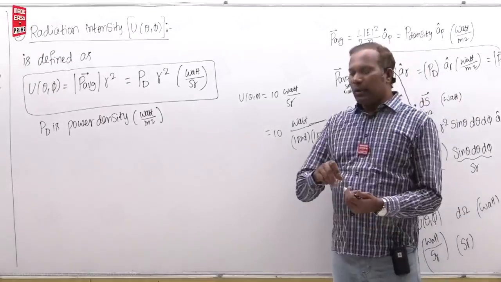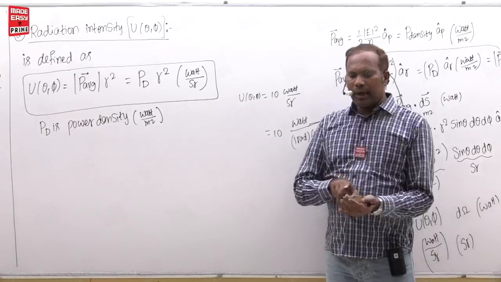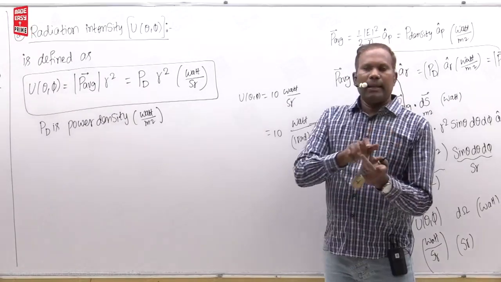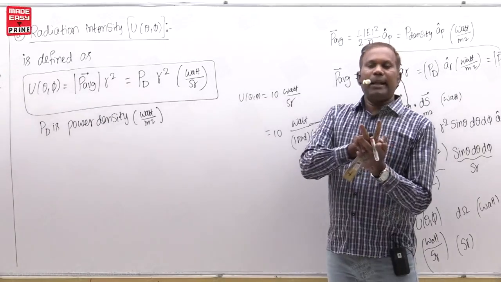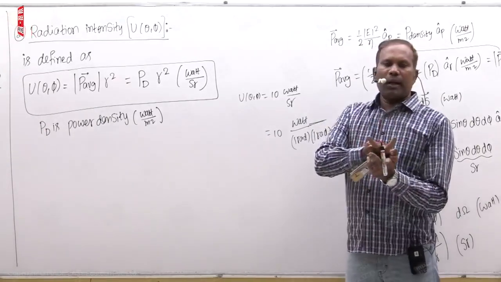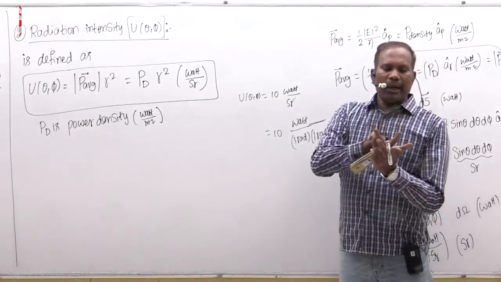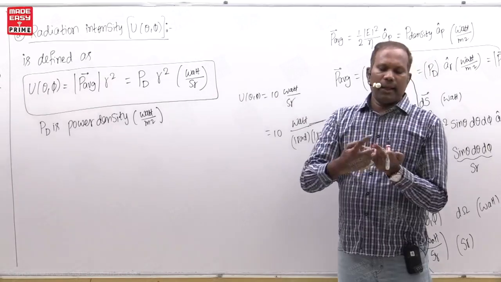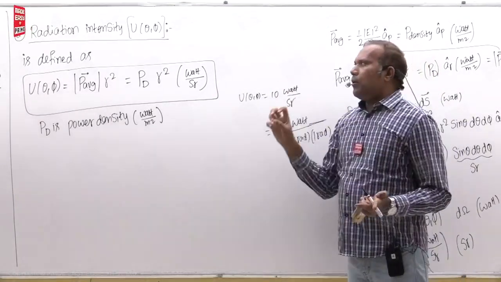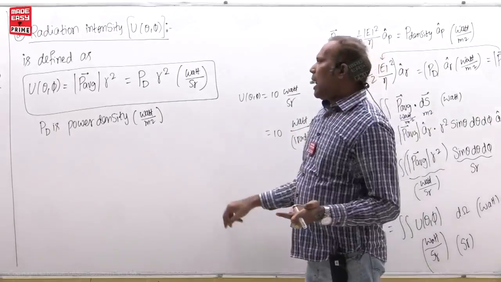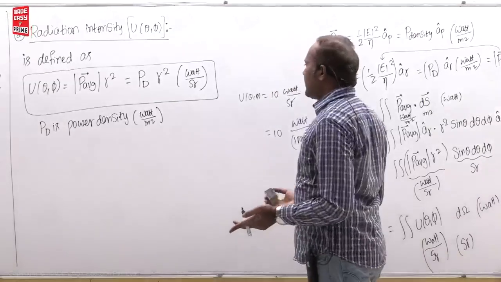That means you take a 1 radian horizontal angle and a 1 radian vertical angle, and an antenna there radiates 10 watts of power in the volume bounded by the 1 radian horizontal angle and the 1 radian vertical angle. That is the meaning. So for a given horizontal and vertical angle, how much power is radiated is given by the radiation intensity, students.